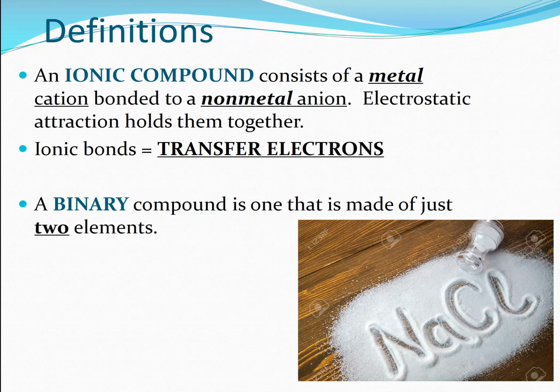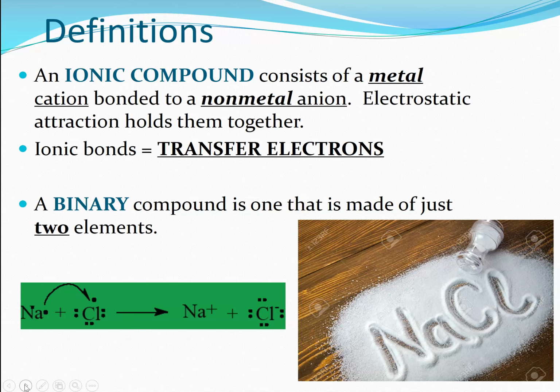Now, what does it look like in a reaction itself? I'm sure you've seen the reactions before. In a reaction, this green little box here shows you how sodium and chlorine are coming together. If you notice the arrow going from sodium, one dot, or electron, is being transferred over to the chlorine.